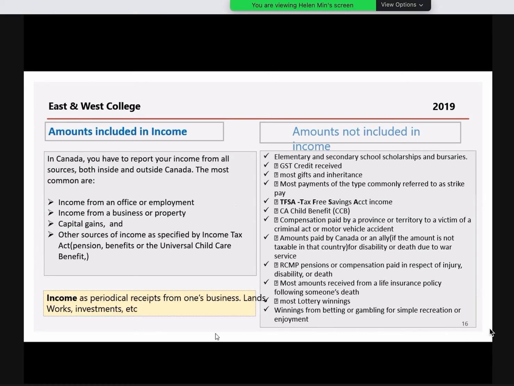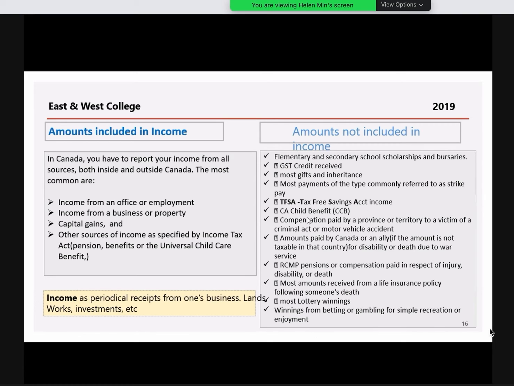That guy earned 3,000 that night, and that 3,000 does not need to be included in your T1. Any questions for this one?